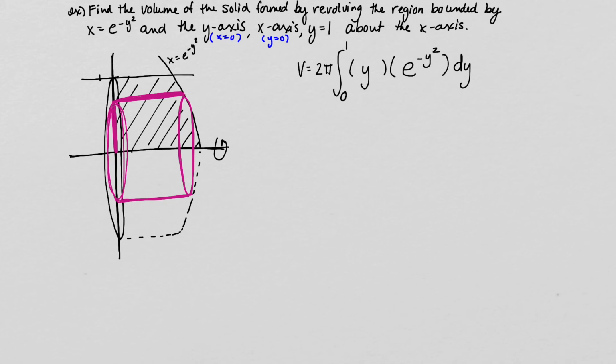Questions? We're going to integrate it. I can drop these parentheses, so this is really 2 pi, the integral from 0 to 1 of y e to the minus y squared dy. Anybody want to take a guess how we're going to integrate that?